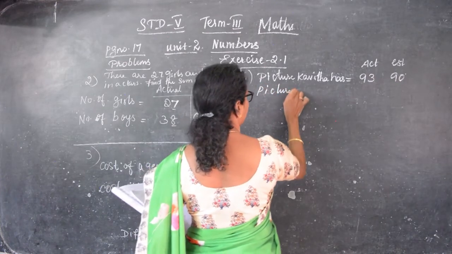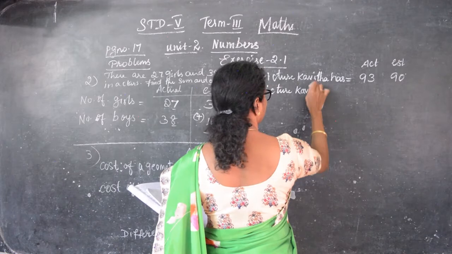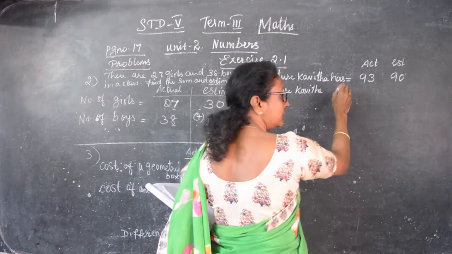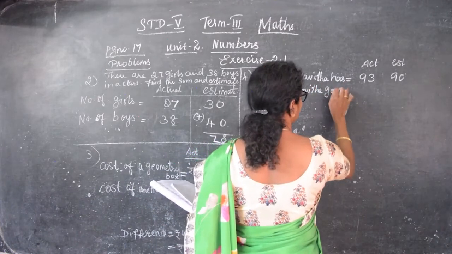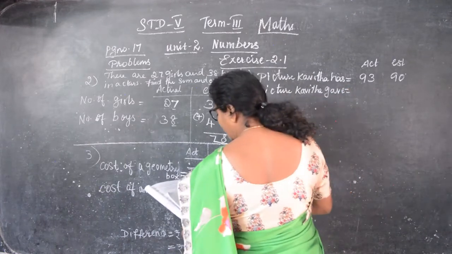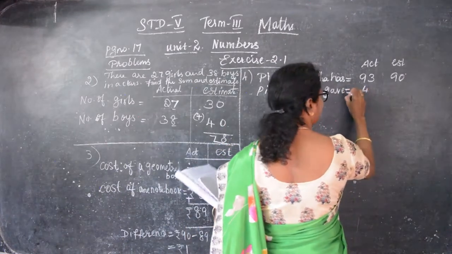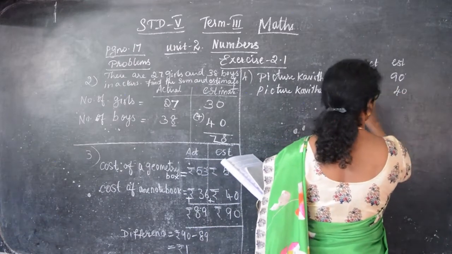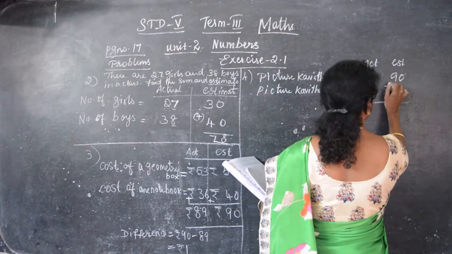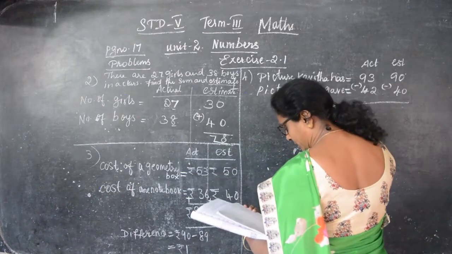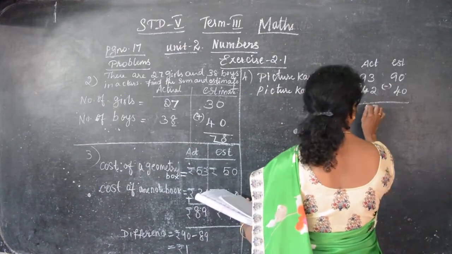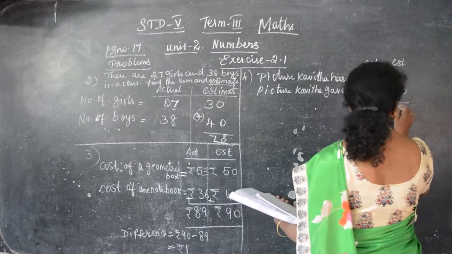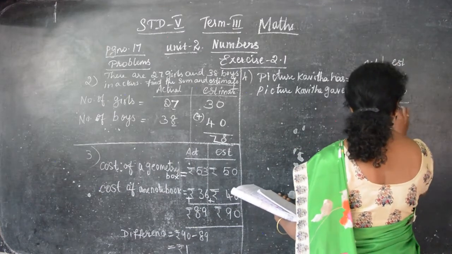Pictures Kavita gave. How many has she given? That is equal to 42 she gave, that is 40. So we have to subtract only, because they ask for the difference. So this is 51 and this is 50.